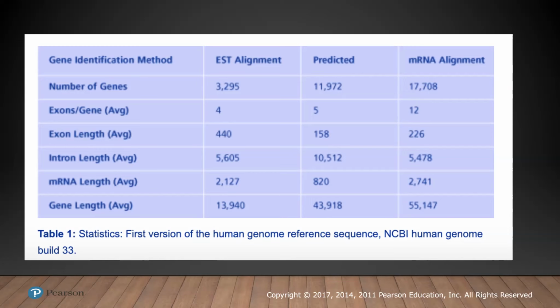The average number of exons per gene showed up to be about 12, and the length about 226 base pairs. And then here's the length of our intron. So the total average length of a gene was 55,147 base pairs long. All right, so that's a pretty long strip of DNA to make a particular gene.